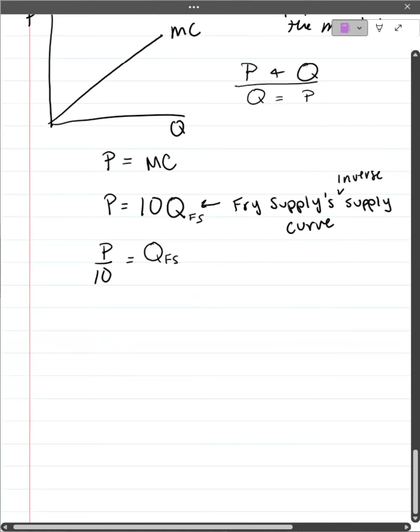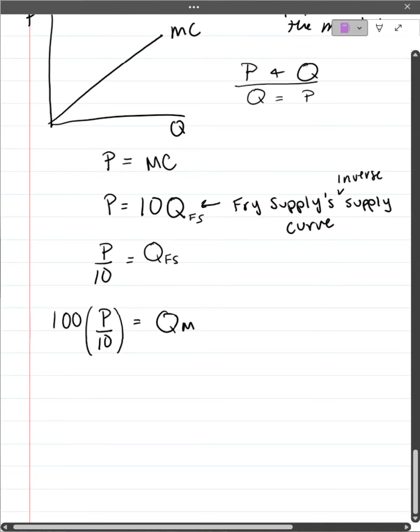So we know this is for Fry Supply. From here, we say, okay, we know that Fry Supply produces 1/10 of whatever the price of fries is, and that's happening 100 times across all the firms in the market. So what we can do is multiply that price term by 100 to get how much will be produced on the market.